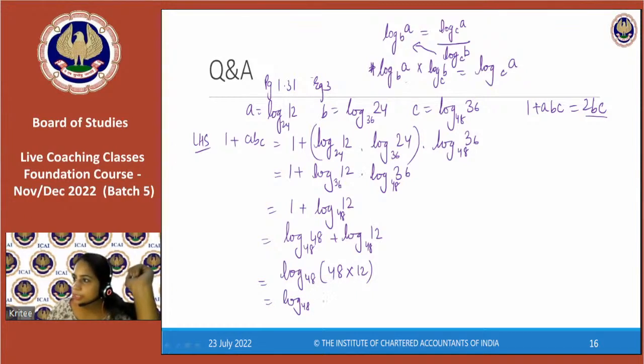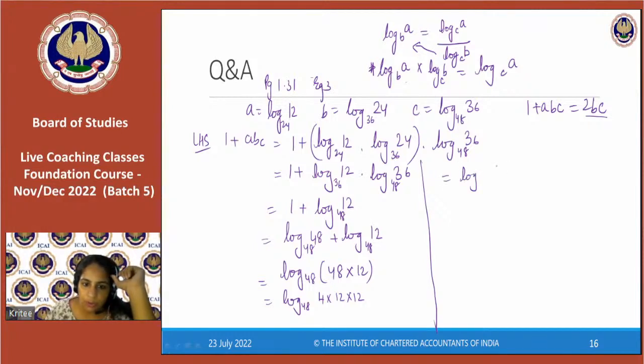Can I write 48 as 4 into 12 into 12? Okay. So again, this can be rewritten as log of 2 into 12 whole squared, because this is 2 and this is 12, both are getting squared.